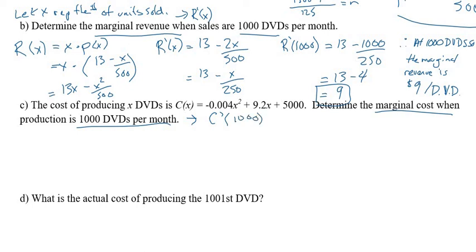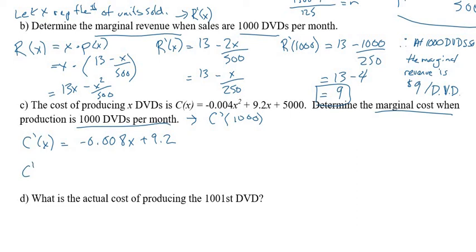First step, let's find the derivative of our cost function. Let's go term by term. We move the 2 out, and it becomes negative 0.008x. And then 9.2x just becomes 9.2. And then the plus 5,000 is a constant, so it goes away.